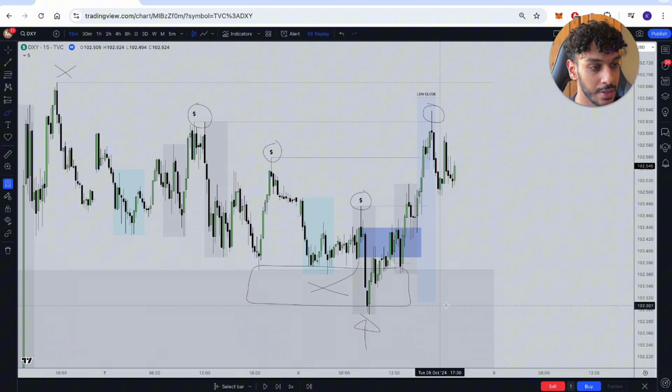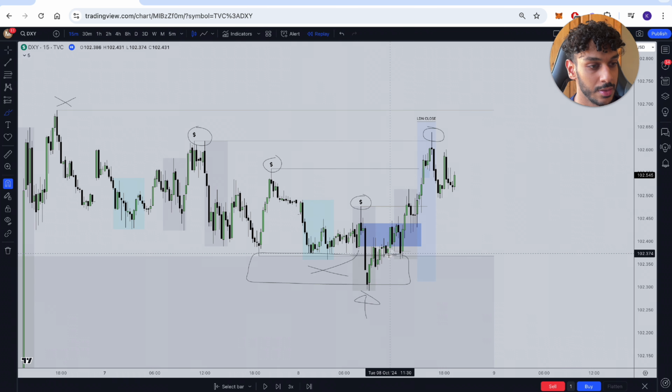So again, understanding, we had the daily BISI, price came in aggressively during a key time of day, right? London a lot of the time is going to be the low of day. Price then expands, what we're anticipating during New York. So in terms of my daily cycles, I'd be calling for New York expansion.